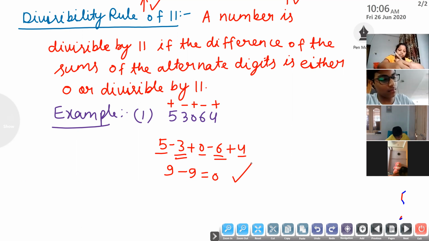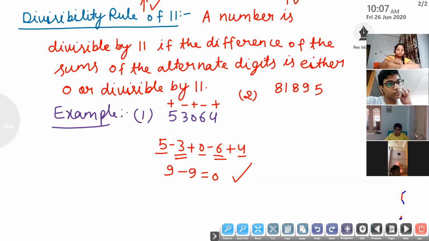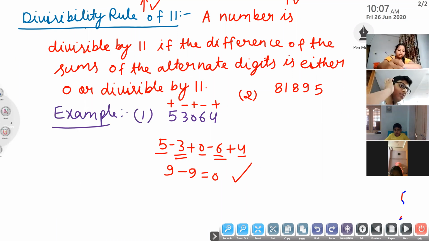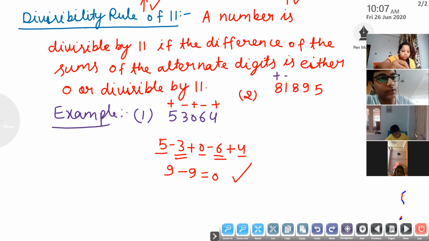Second example, 81895. First, plus 8 minus 1 plus 8 minus 9 plus 5.